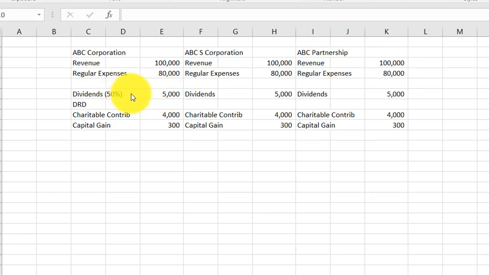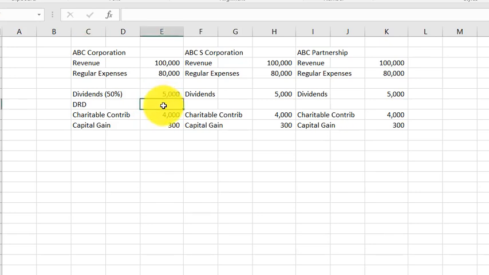For a C corporation, we have to know what percentage of the stock we own of the company that's paying us dividends. That is not an issue with an S corporation or a partnership. So for this C corporation, we own 50%. That means that we get a dividend received deduction of 65%.